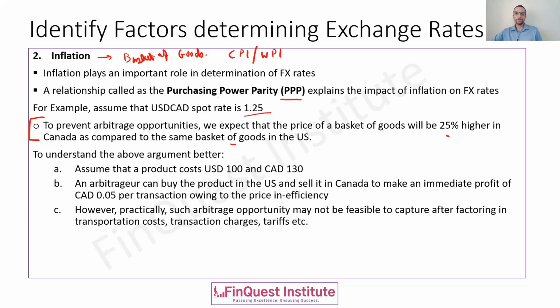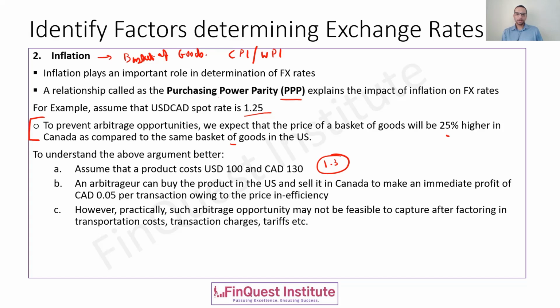So 1.25 and 1.3. When you say 100 and 130, that's basically 1.3, isn't it? So the difference between 1.3 and 1.25, that's a 0.05 benefit on the Canadian dollars. That can be an immediate profit which can be realized by that particular arbitrager owing to this price inefficiency.